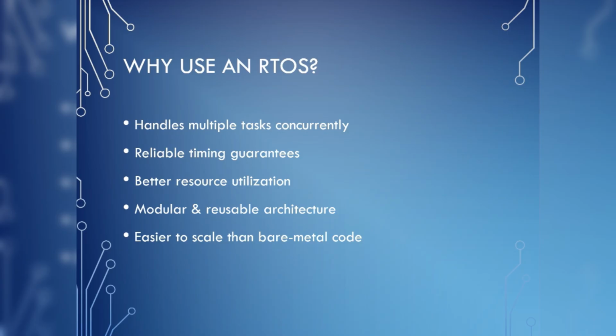In short, bare metal works for tiny projects, but an RTOS is what lets you build professional grade embedded applications. And that's why almost every modern IoT and smart device relies on one. Think about portability. Moving bare metal code from an STM32 to an nRF52 is painful and requires rewriting drivers. In Zephyr, it's often just a configuration change.